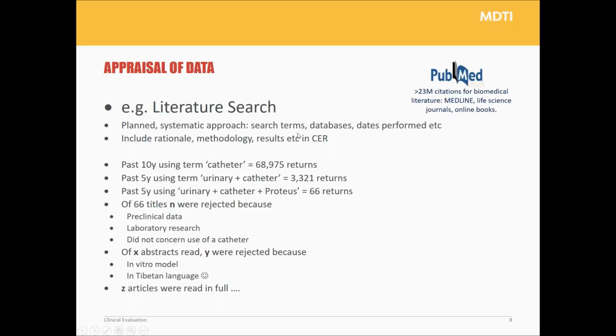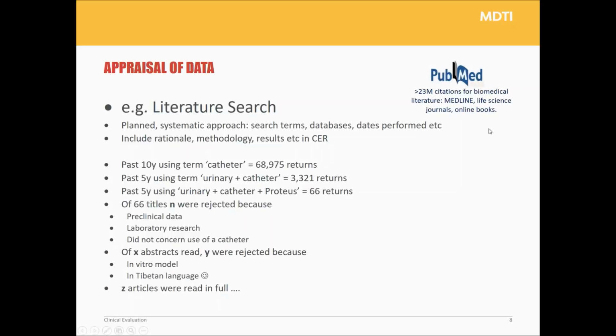So define upfront before you do anything your search terms. Think about which databases you want to search. Think about the dates, both that you need to let the reviewer know the dates upon which you did perform the search, but also the dates if it wasn't going back forever. So it might be the last 5 years, for example, that you searched for.